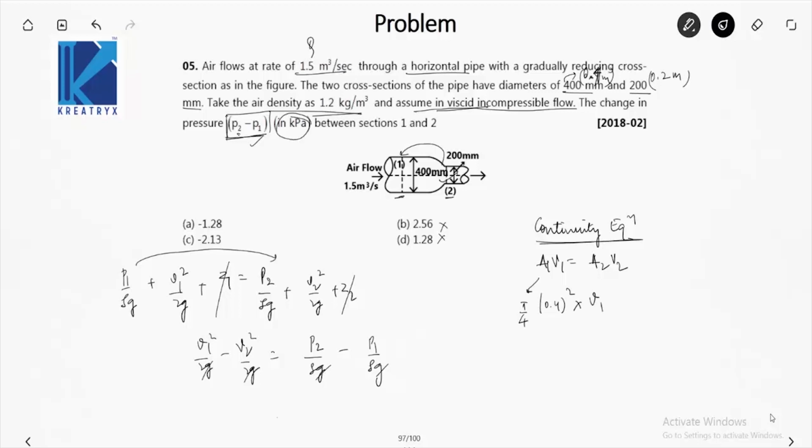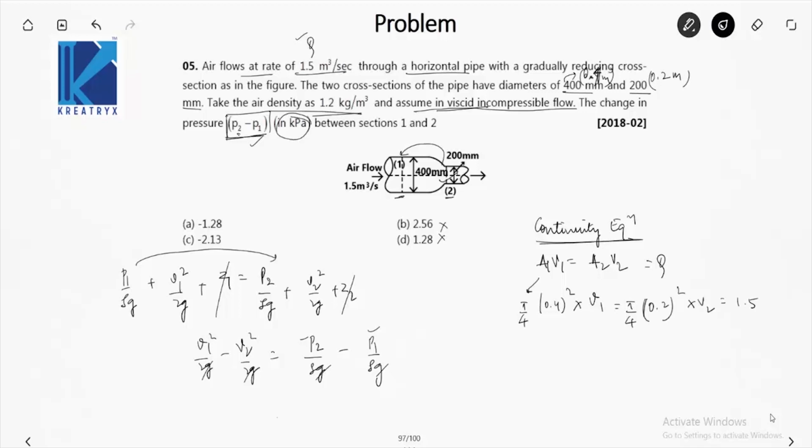We have to actually find the values of V1 and V2 because we have to find P2 and P1, and we have been given the airflow rate. So A1V1 is equal to A2V2, which is equal to Q. A2 is pi by 4 into 0.2 square into V2 is equal to Q.